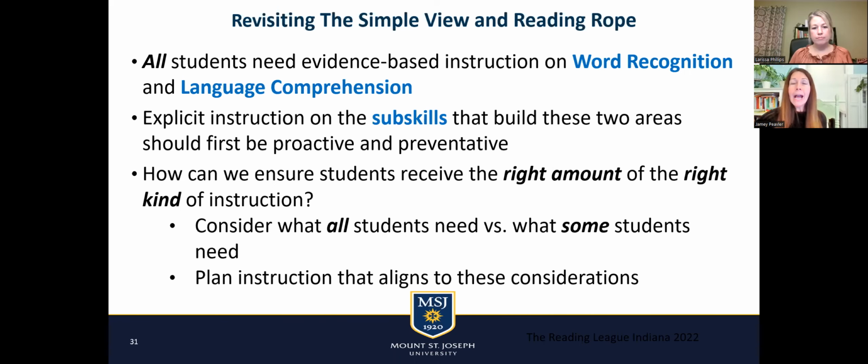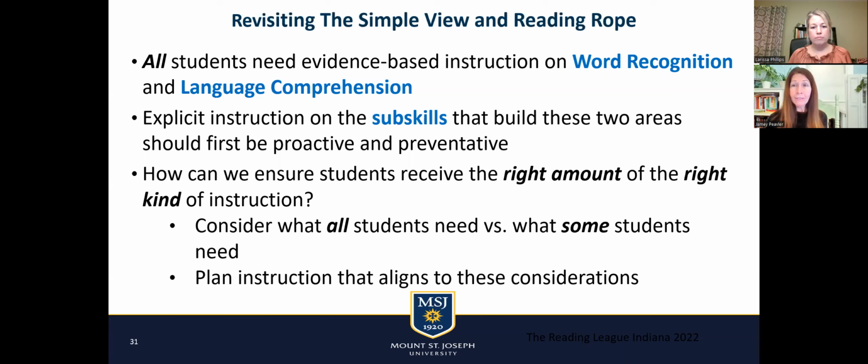So the thing that I would draw attention to here is, as we're really considering what the specific need is, I'd come back to these two frameworks that have really been reliable for us. One, the simple view of reading. When we are planning our universal instruction that has a solid word recognition component and a solid language comprehension component, we hopefully, again, will reduce the number of students that have a specific and unique need.